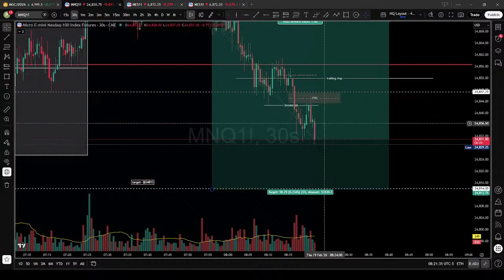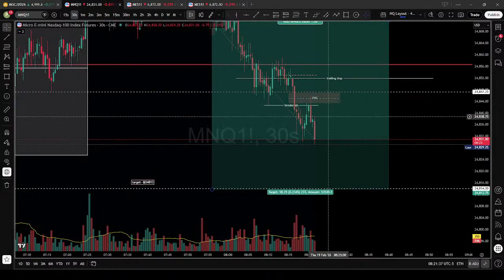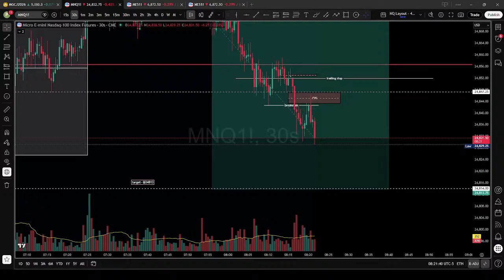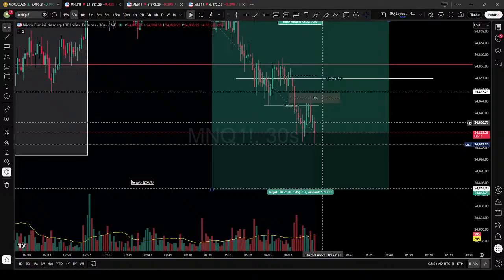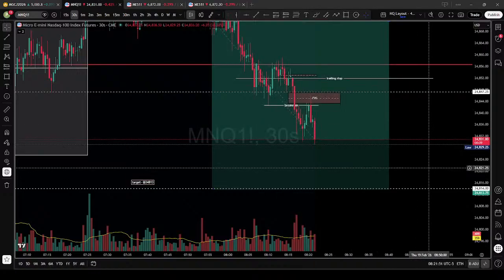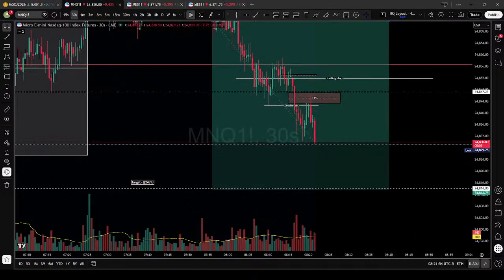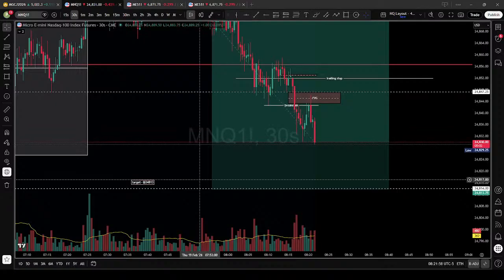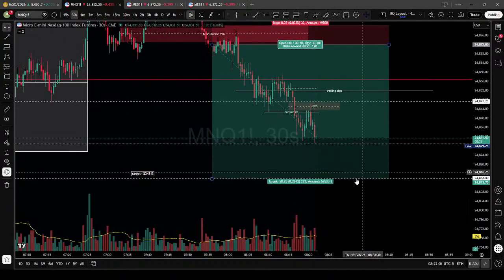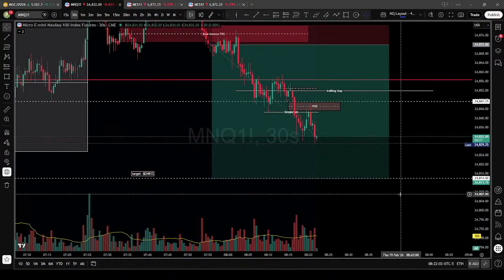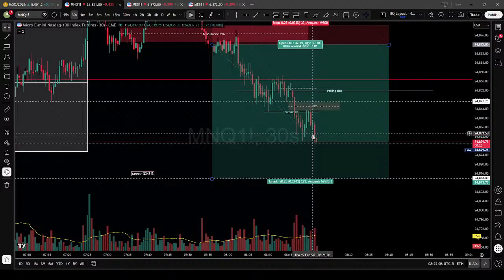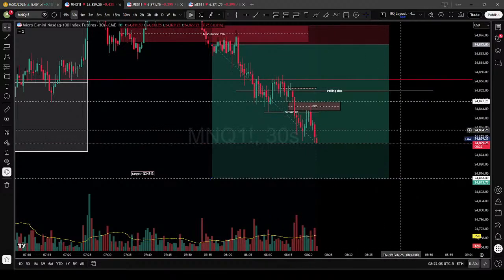Price action is too choppy. We will get another trade once the news is out. If we see volatility, we'll be able to take another trade.